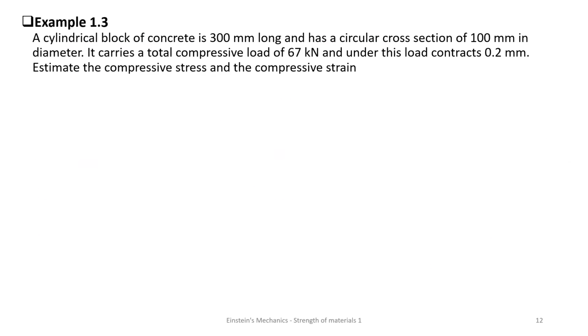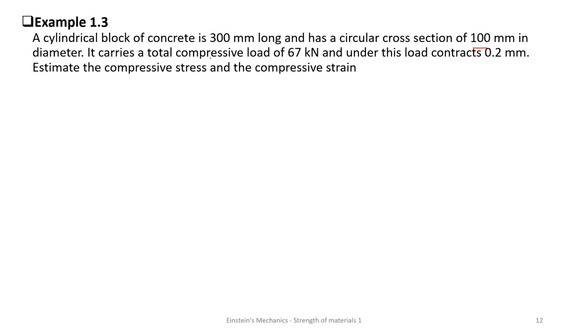The third example, example 1.3. A cylindrical block of concrete is 300 millimeter long and has a circular cross-section of 100 millimeters in diameter.